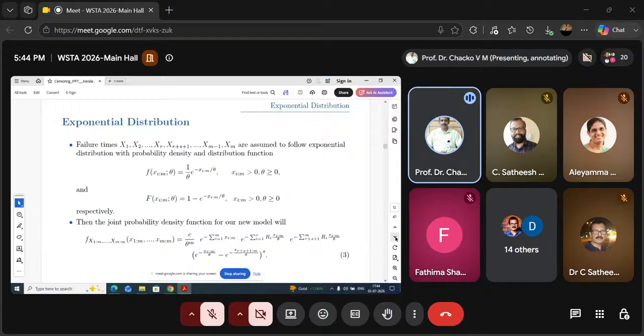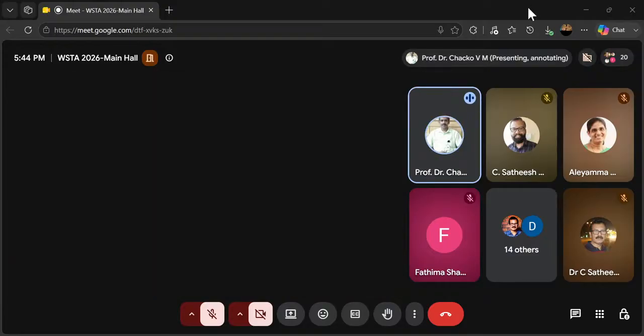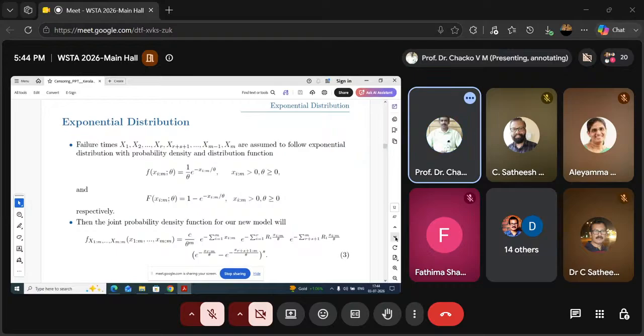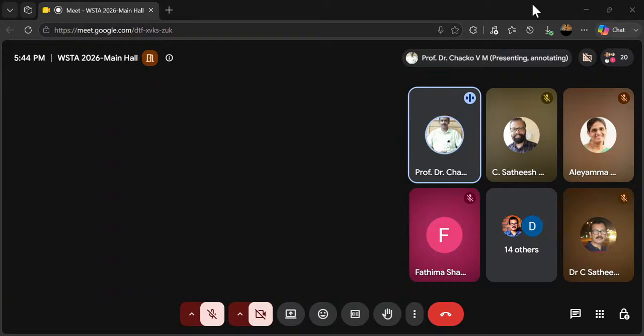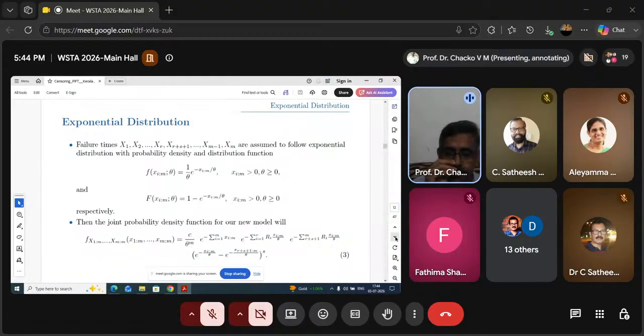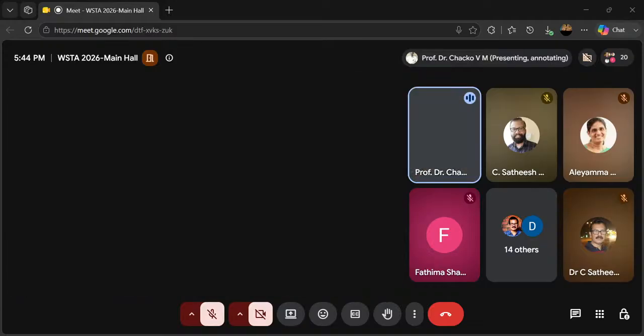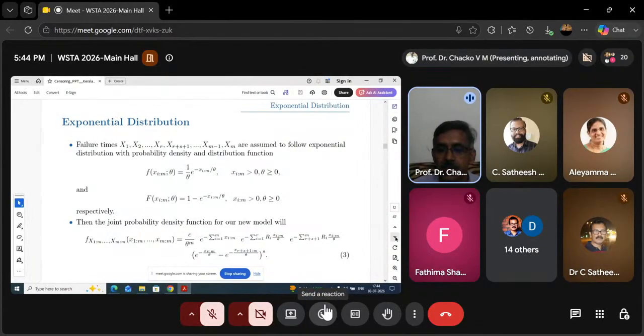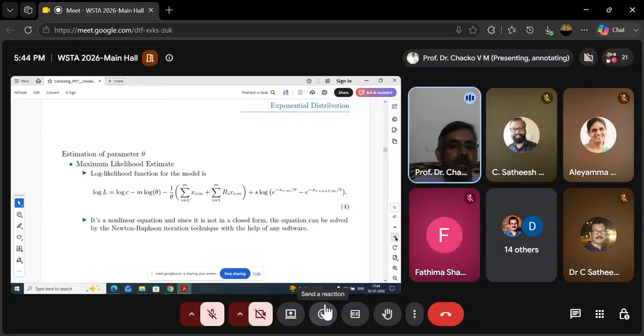For that we consider two distributions. One is the exponential distribution, that is a constant failure rate model. There are plenty of applications with the exponential distribution, so we consider it. We computed the joint density like this.